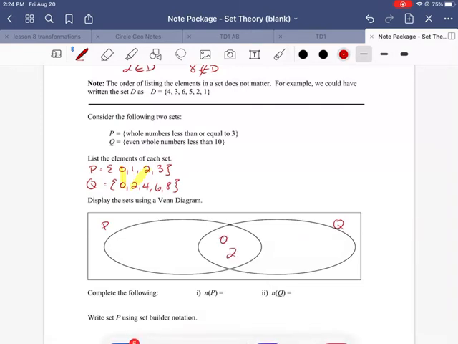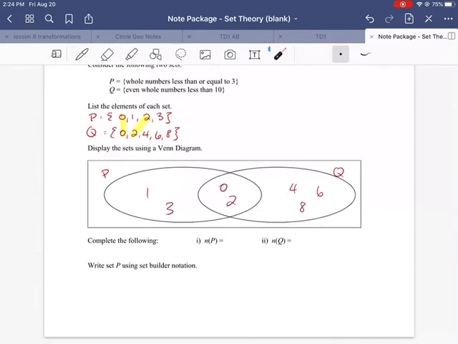Now 1 and 3 are only a part of set P, and 4, 6, and 8 are part of set Q. So if you look at this big circle here, you've got 0, 1, 2, 3, which is set P. And if you look at this oval, you've got 0, 2, 4, 6, 8, which is set Q. There is this overlap, which means that it belongs to both sets.